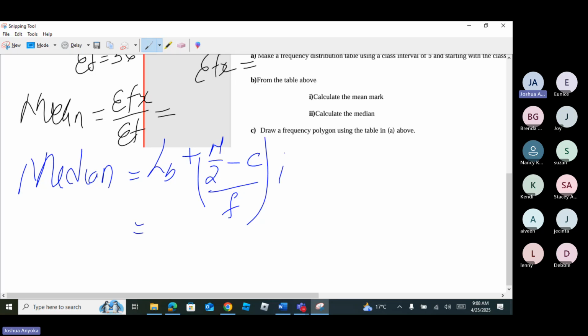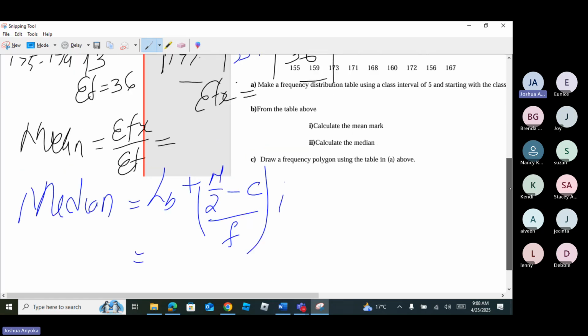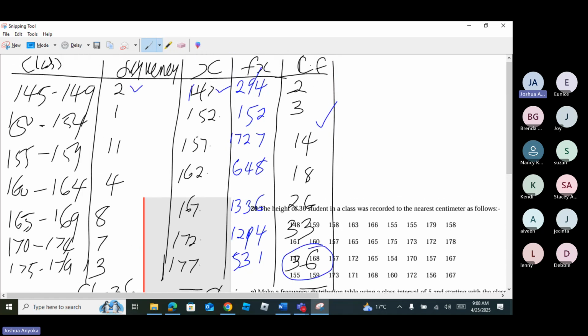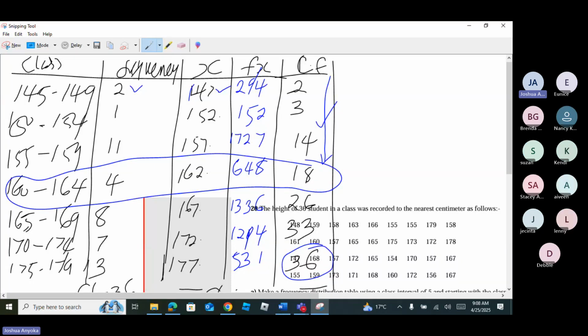And we need to know the median class. 36 divided by 2 is 18. We look for the number 18, or the first number greater than 18. This is our median class. You circle it.